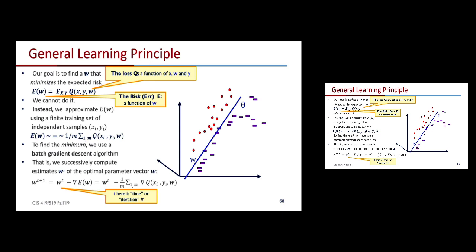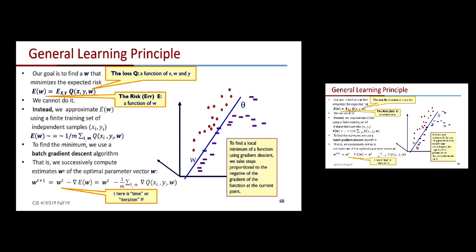And then we want to minimize it, and we found that we minimize it by changing W. At time t, our W is this. At time t plus 1, it's going to be this one, where we basically subtract the gradient of the error.